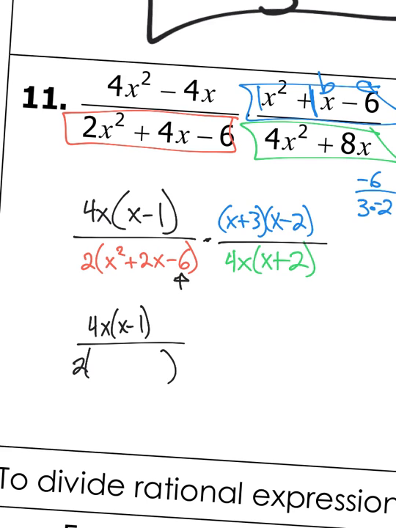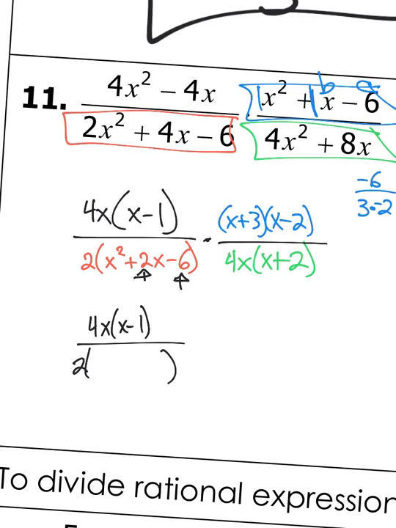Okay, factors of negative 6 that add up to 2 would be, what would be, ooh, I know what I did wrong. I'm sorry. When I took out the GCF, I took out the wrong thing.